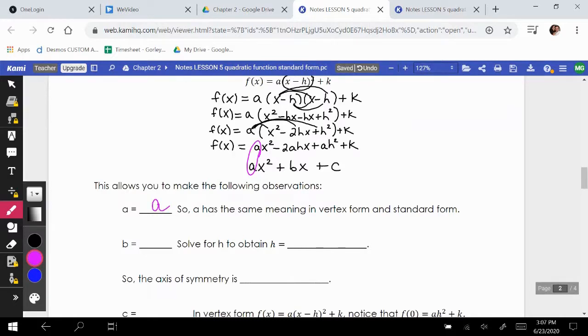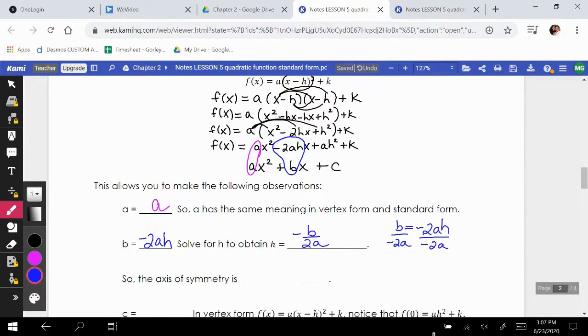For b in standard form, b has the same meaning as -2ah from vertex form. If I want to get h by itself, we would just have to divide both sides by negative 2a. And so I would get negative b over 2a.